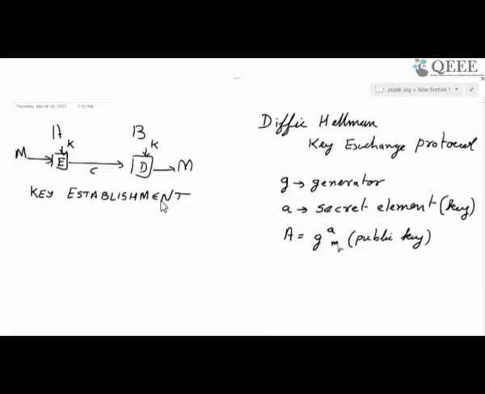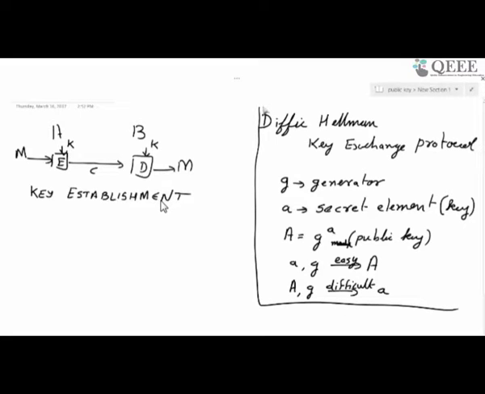There is also a mod P here, but let's ignore it for the time being. The Diffie-Hellman one-way function states that given a and G, it is easy to compute capital A. However, given capital A and G, it is difficult to determine what small a was, the exponent.